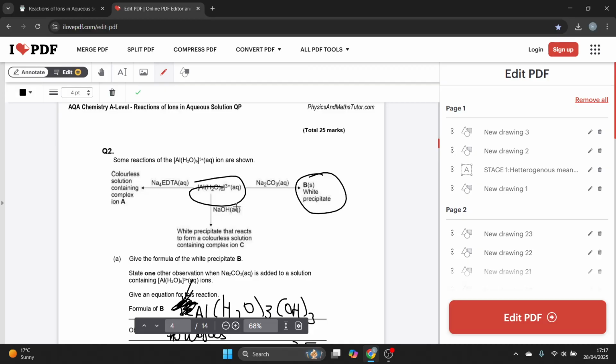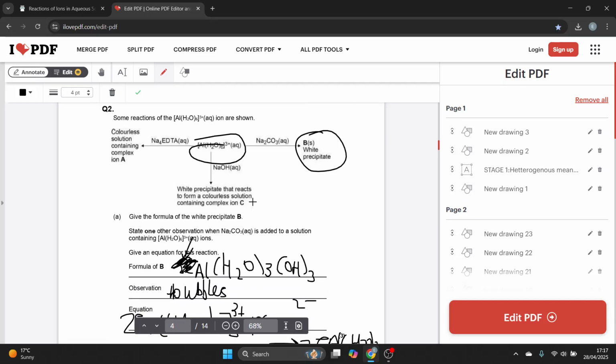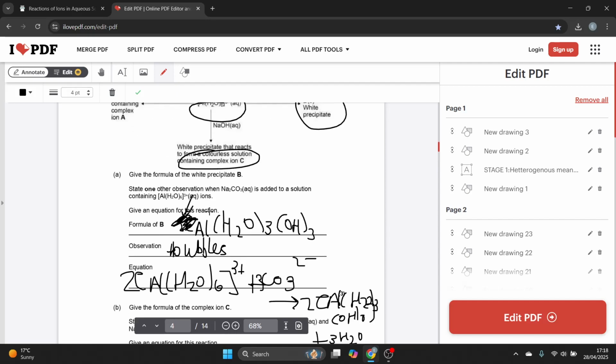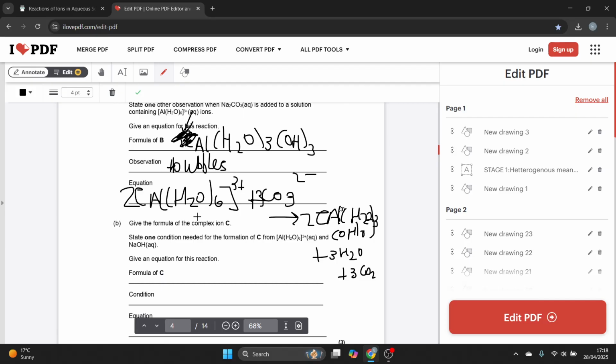So [Al(H2O)6]3+ with hydroxide ions, and it says white precipitate reacts to form a colorless solution containing complex ion C. So the formula of the complex ion C is [Al(H2O)2(OH)4]-.